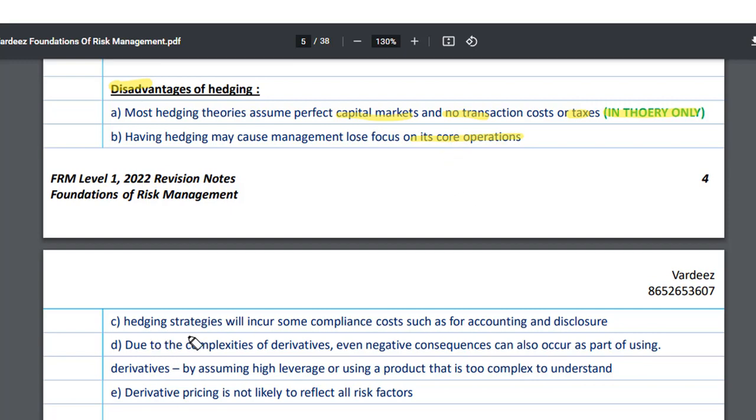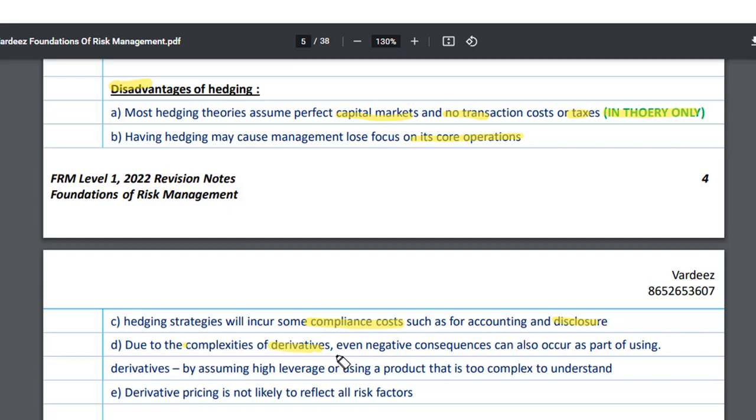The third disadvantage is that hedging strategies will have some compliance cost as well. There may be some accounting cost, and there has to be some disclosure that needs to be made. So it's not just that you hedge and you are good to go. There are some costs associated with it. Also, when we are using a hedging program, we are using derivatives, and derivatives by their very nature are very complex.